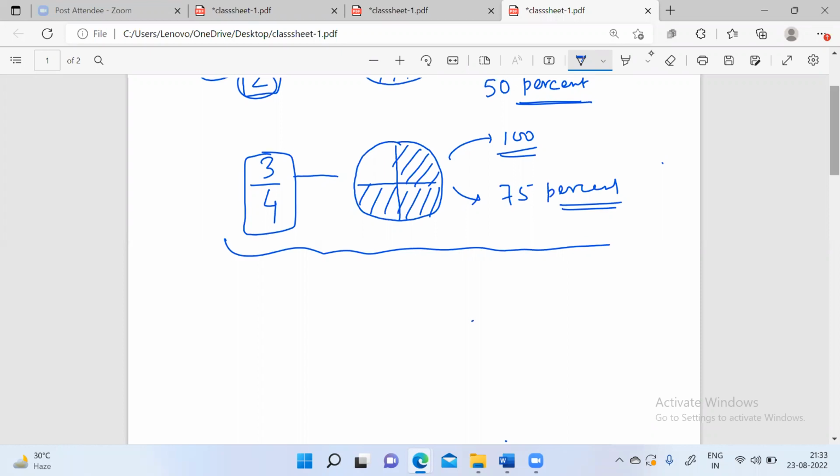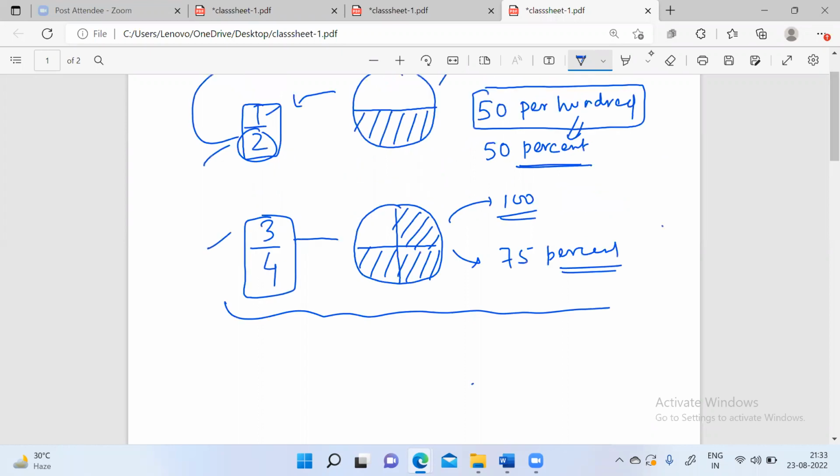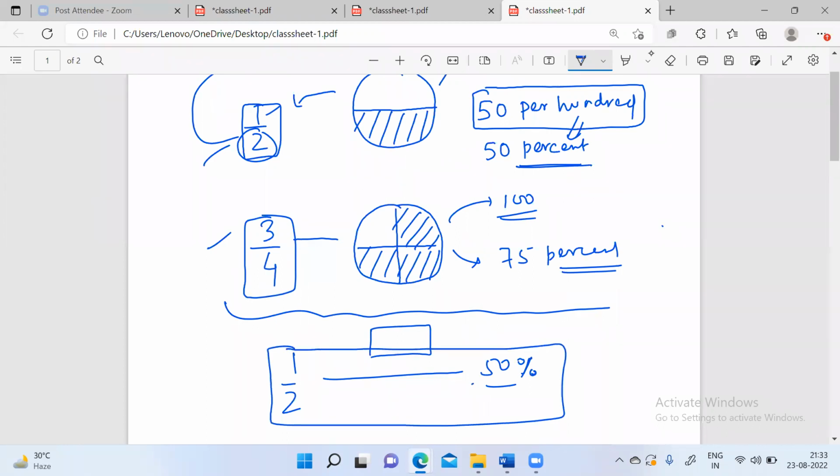So for these fractions, it is very easy. And one more thing, for any complete thing, half is always 50%. ये तो दिख रहा है ना, मतलब ऐसा नहीं हो सकता है ना कि कभी half जो है 60% हो जाए, है कि नहीं? Yes, sir. Half is always 50%.